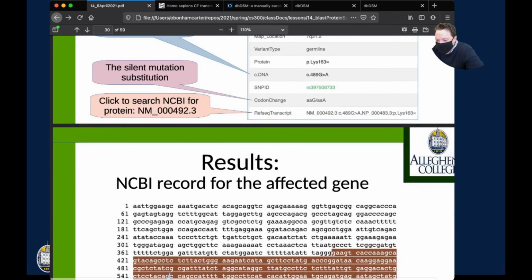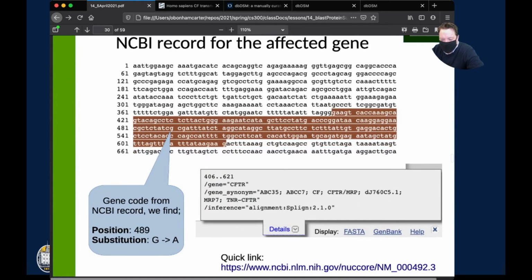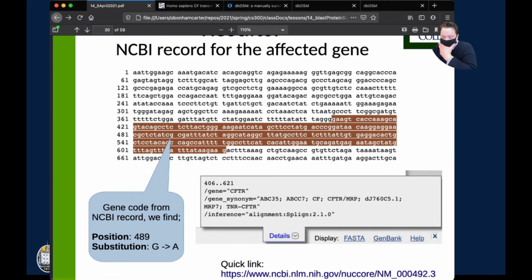But here we're looking at 489, and you find that 489 in this sequence is basically this G. In this gene CFTR, this G that we can see where this talking bubble is pointing is an A for cystic fibrosis patients. And so this is what you would call your wild type gene, which is what it should be, what the majority of the population have. But you still have this.